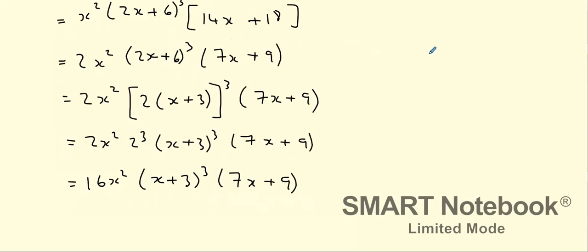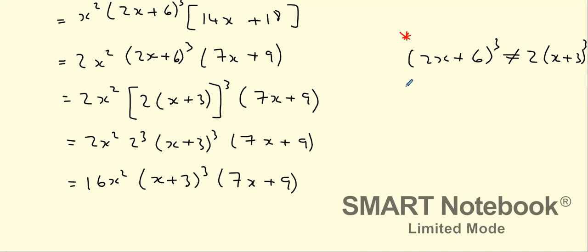Okay, this required a bit more thinking. One important thing actually, which is where most students would have gone wrong, and I didn't even think to do that, is to think about 2x plus 6. We know 2 is common in both of them, but instead of taking out 2, the common mistake would have been to say (2x + 3) cubed. That is wrong.